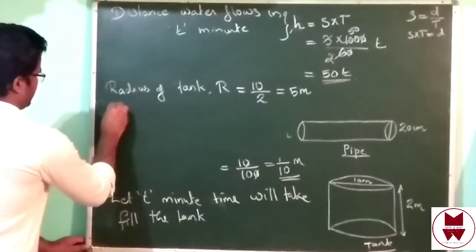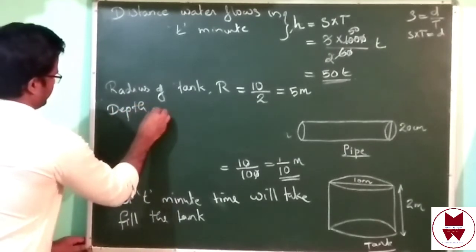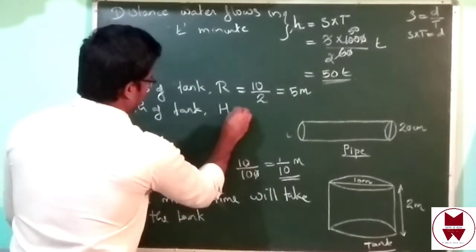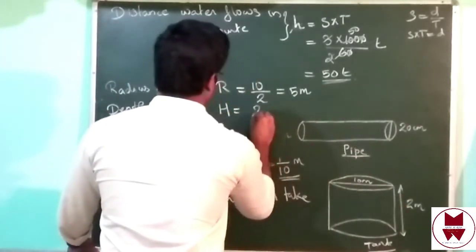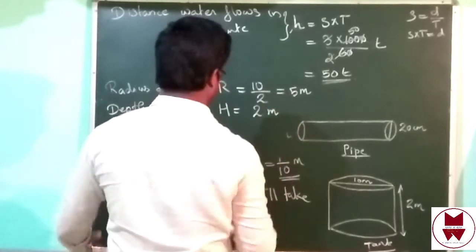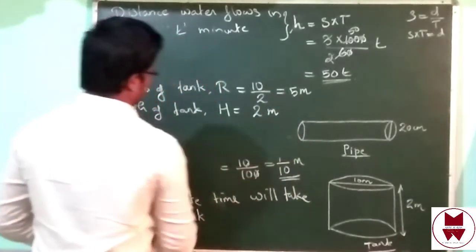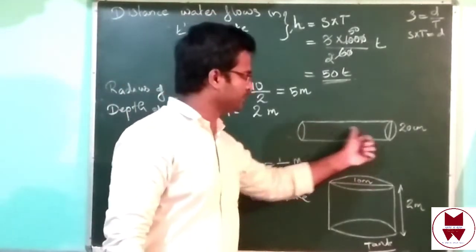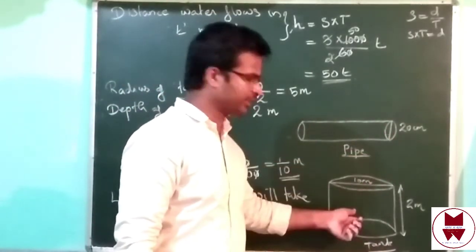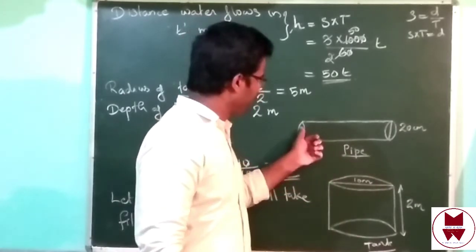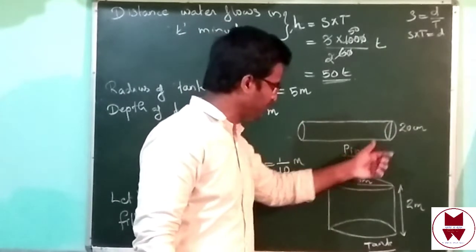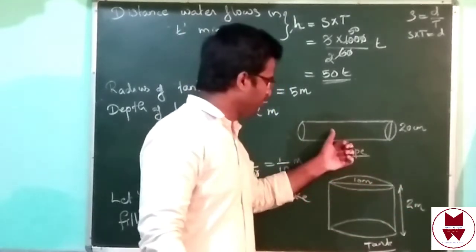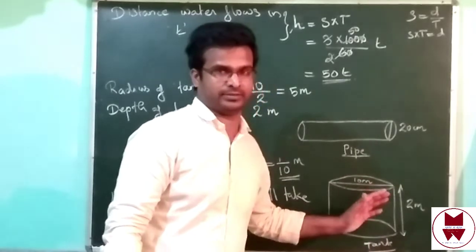Then depth of tank, capital letter H, that is 2 meter. Now check it. In t minutes, how much water flows through the pipe? That will reach in here, isn't it? That means the volume of water coming from this pipe and the volume of water in the tank will be equal, isn't it? That means volume of pipe equals volume of tank.